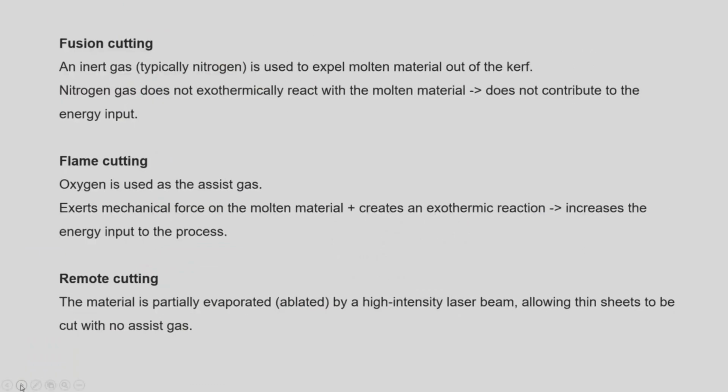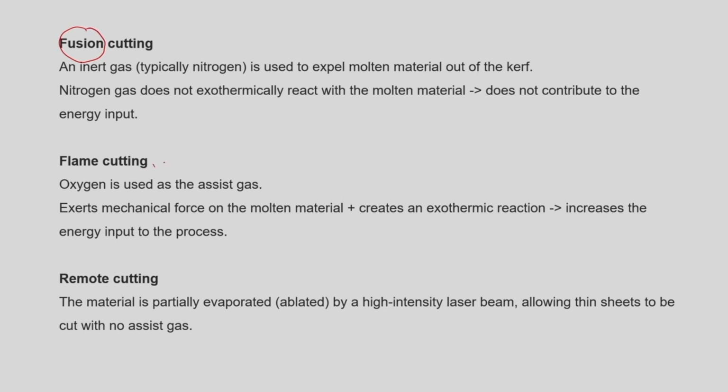In our previous slides, we have seen that there are 3 ways of cutting, that is fusion cutting, flame cutting and remote cutting. When we are using inert gas, typically nitrogen gas, to expel the molten material out of the kerf, that is called fusion cutting. Nitrogen does not react exothermally, it is not reacting with the molten material and it is not even contributing to the energy input. It is just an inert gas used to flush away the molten material, that is fusion cutting.